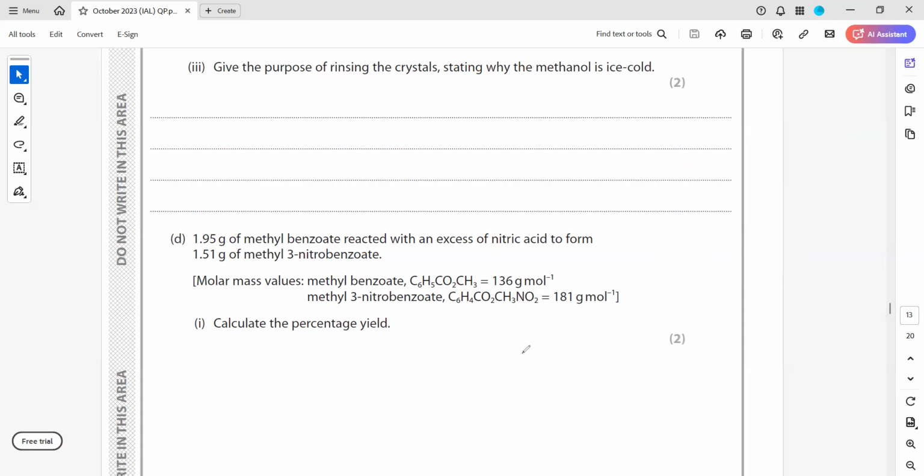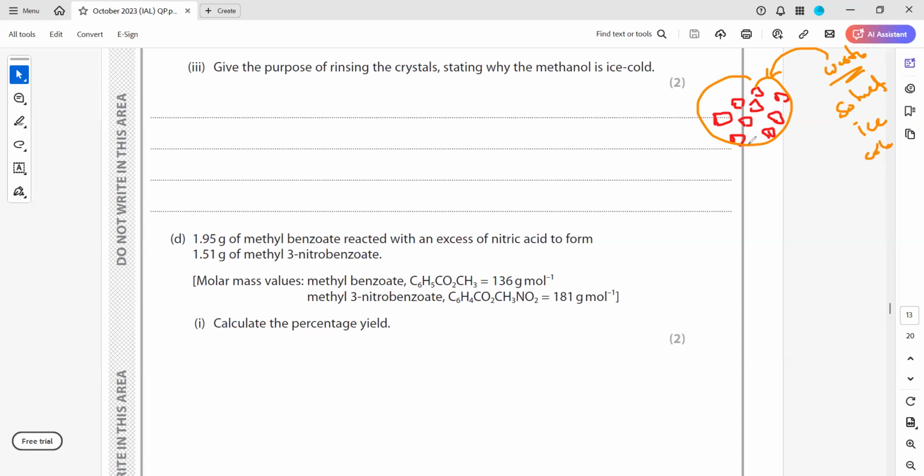So give the purpose of rinsing the crystals, like why we are washing the crystals. The main purpose of washing the crystals is to wash off any soluble impurities. We also use ice cold solvent so that the crystals do not dissolve. Once we got the crystals, we wash them with a very cold solvent.